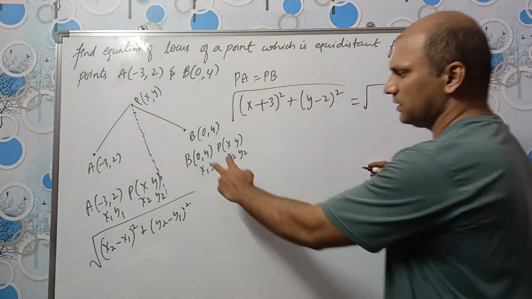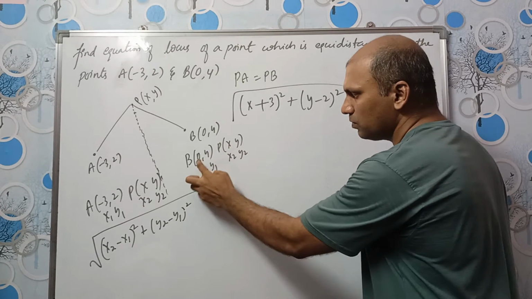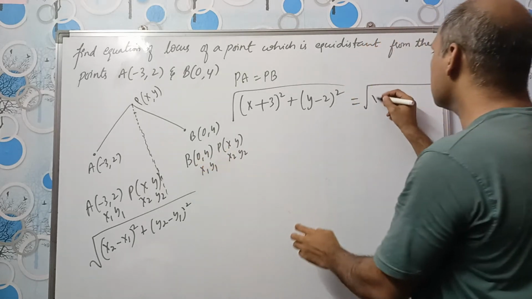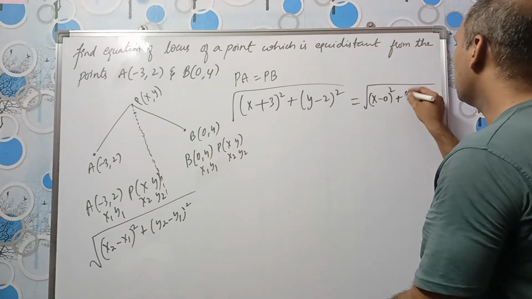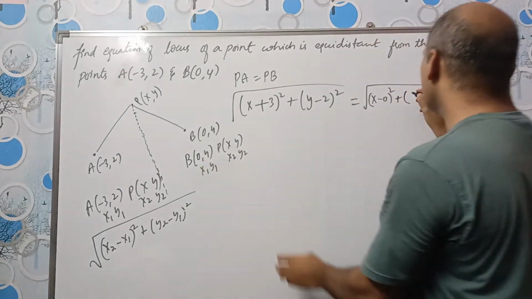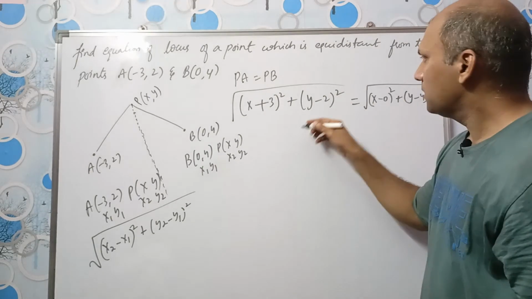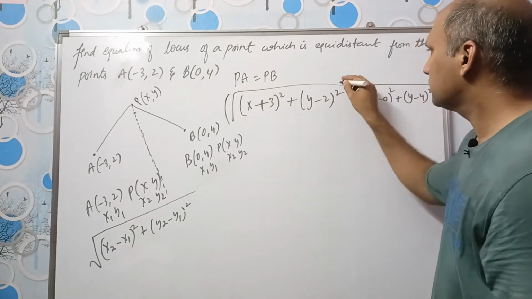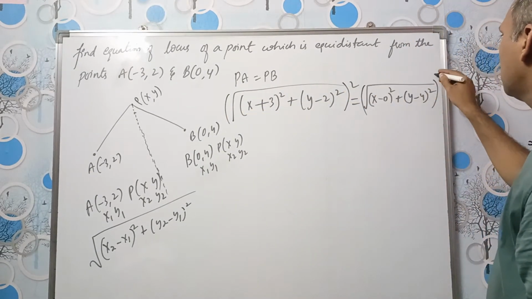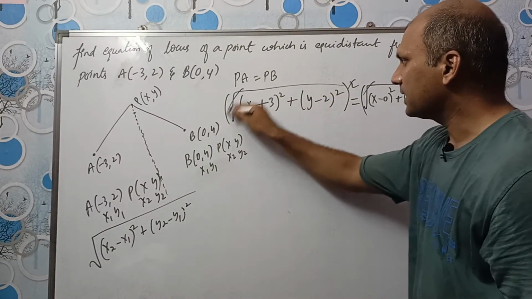So let us find the distance between these two. x2 minus x1, that means x minus 0 whole square plus y minus 4 whole square. If you square on both sides, the roots will get cancelled, right?